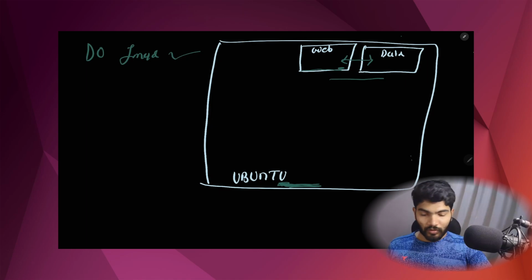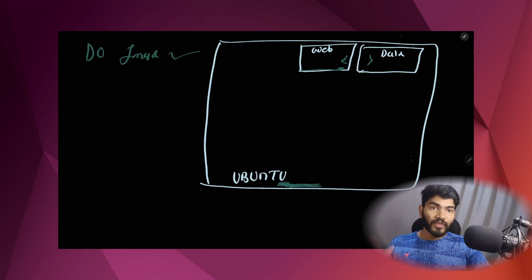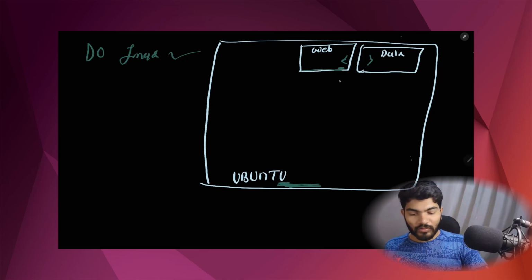Suppose you don't want that. In that case, you can create a separate network for each container, or for something specific. Suppose I have created two networks, one for the website part and one for the database part.